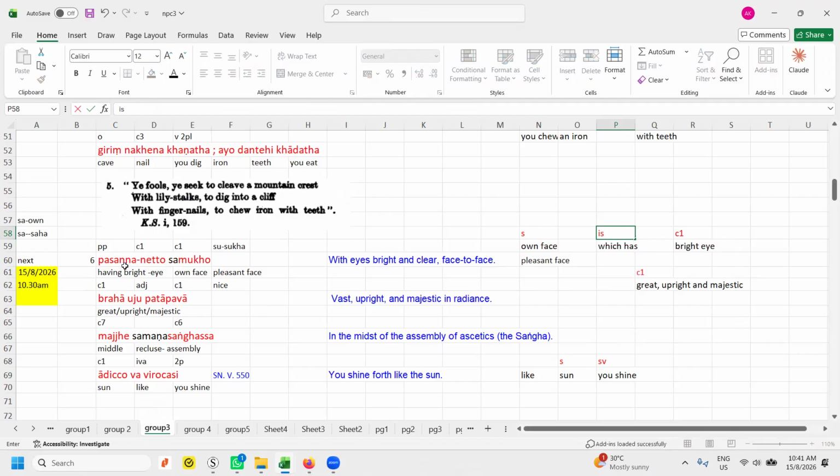For a past participle you can use had, you can use past perfect, you can use present perfect. So it's up to you. When you see sentences like that, pleasant face, normally we would like to add in which has a bright eye. You see, that will make sense.